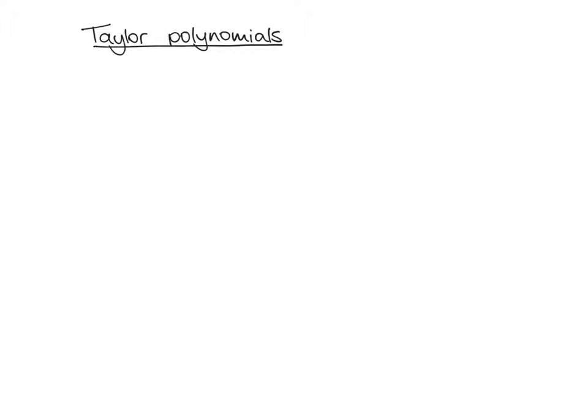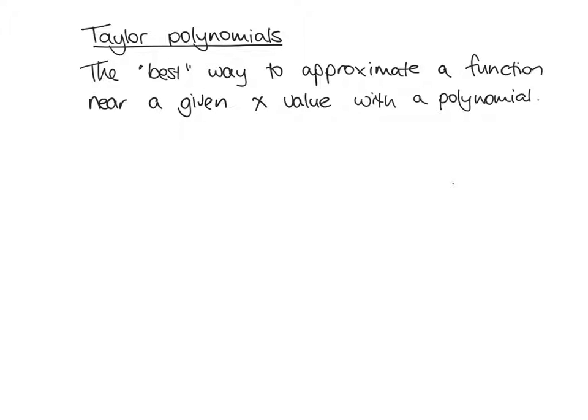So where did the two polynomials that we used to approximate sine of x in the previous example come from? Well, it turns out that they're both examples of Taylor polynomials, which are probably the best way of estimating a function near a particular x value if you want to use a polynomial. To find the Taylor polynomial approximating a function, you need three things.